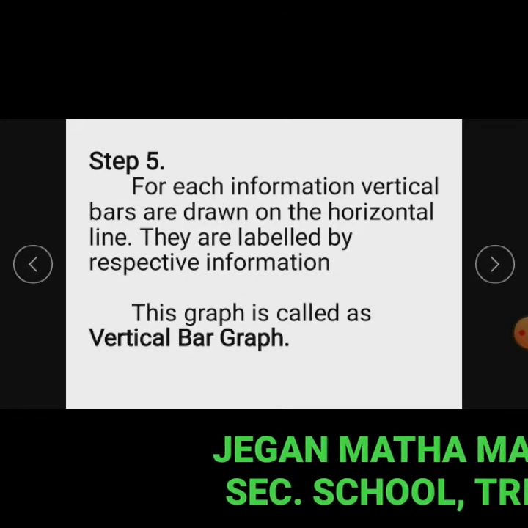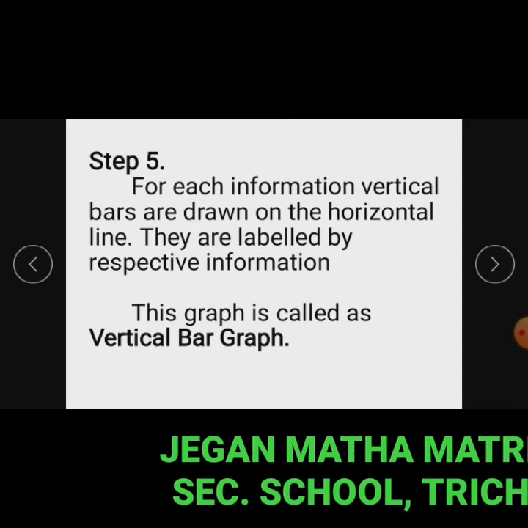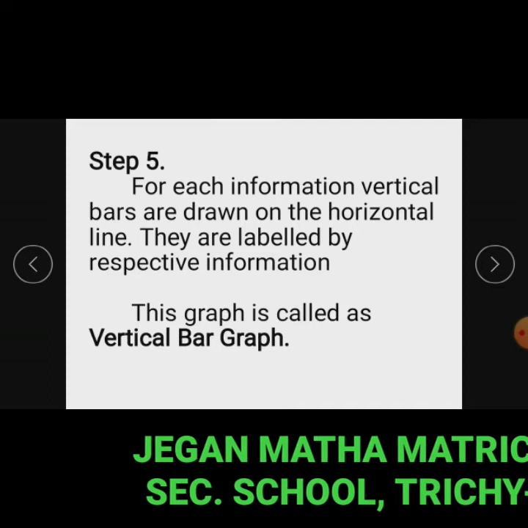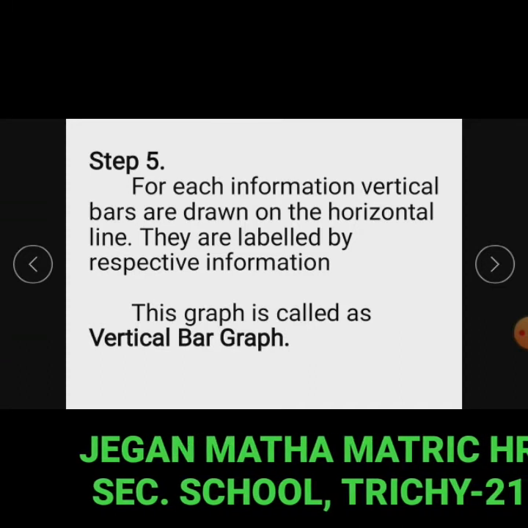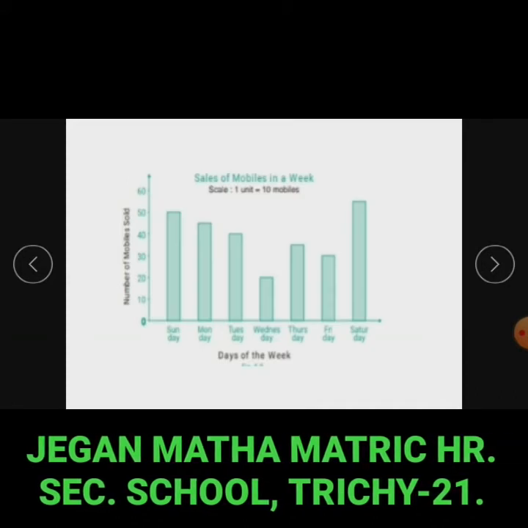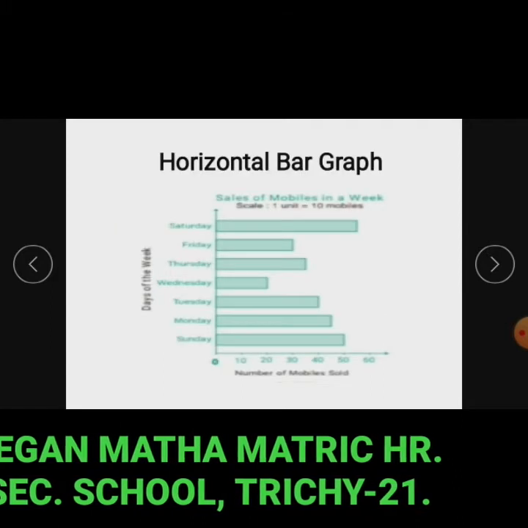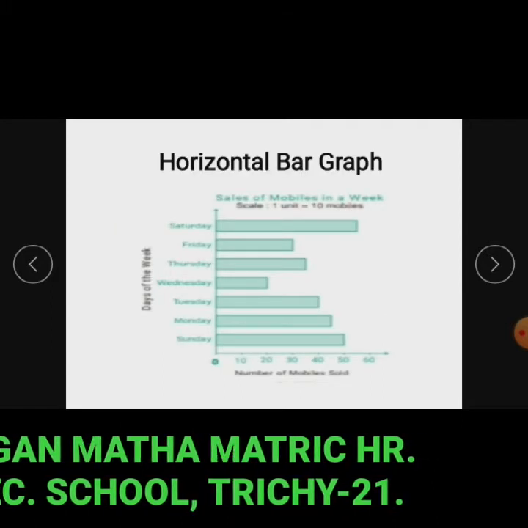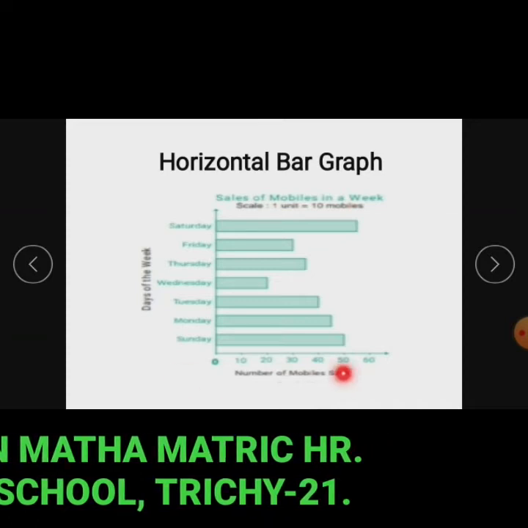Step 5. For each information, vertical bars are drawn on the horizontal line. They are labeled by respective information. This graph is called a vertical bar graph. The corresponding horizontal bar graph is shown here.